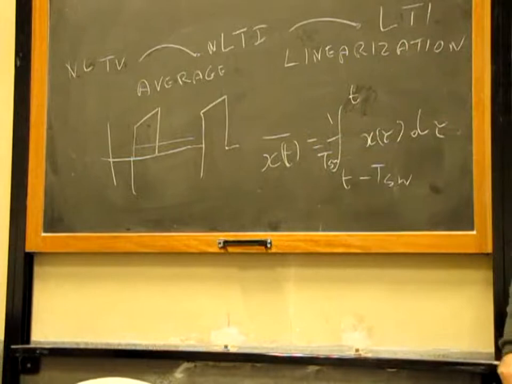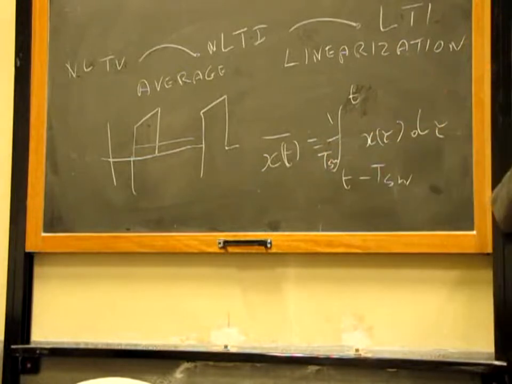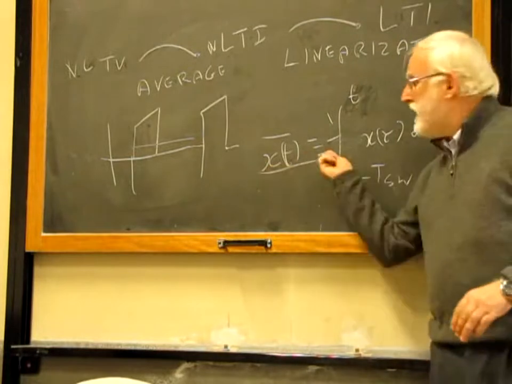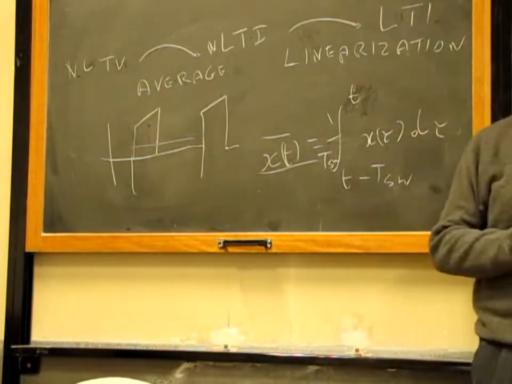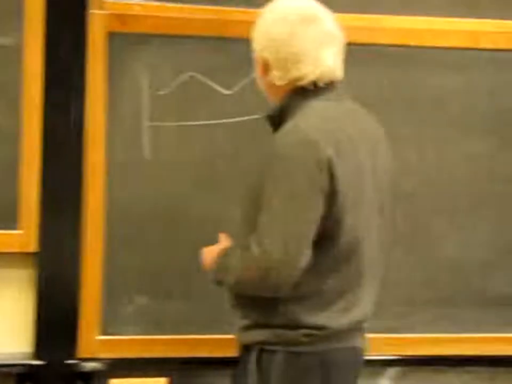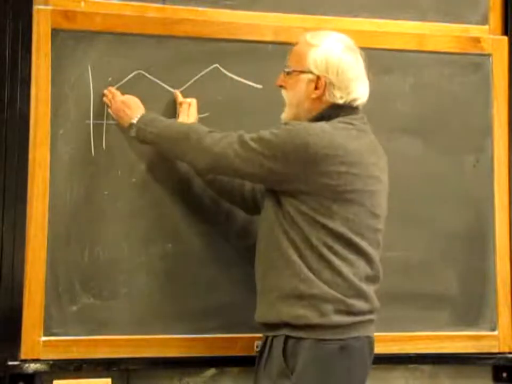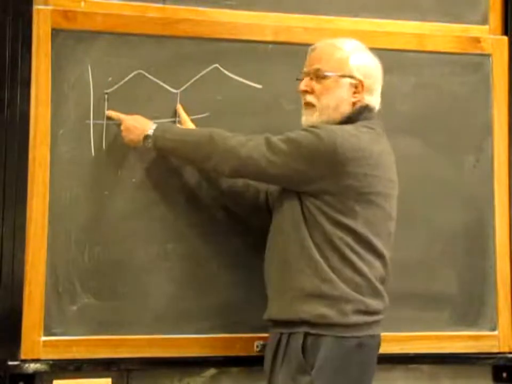This is the so-called moving average. That means you take a window that is one switching period long, and you move it across your signal, and you get the average. This average is a continuous function, because you take your signal, you take your window from here to here, and you say, what's the average on this interval?